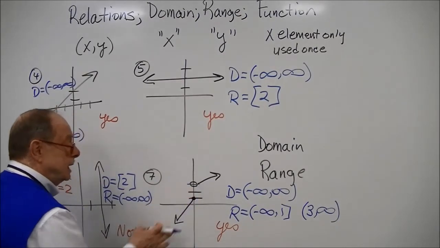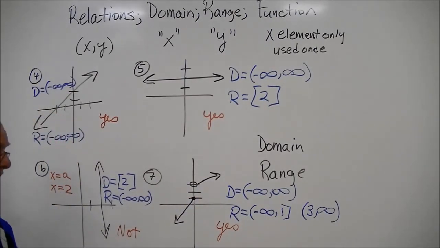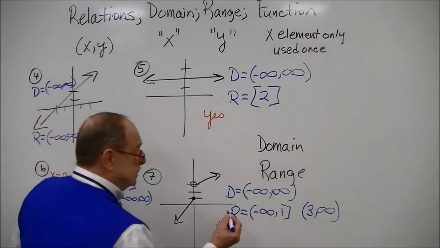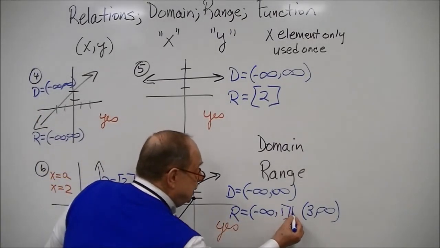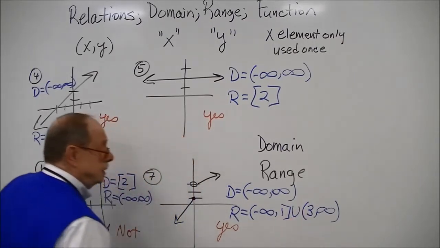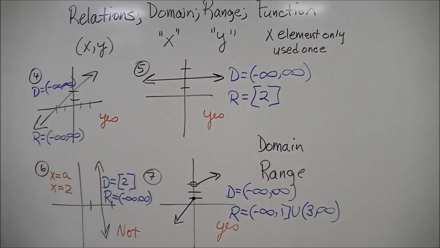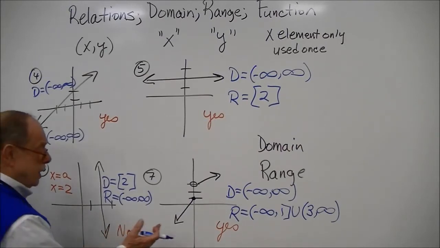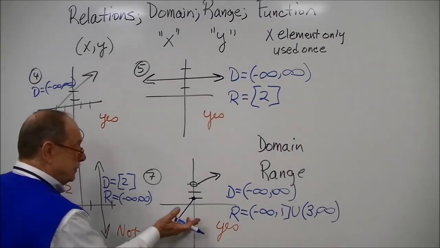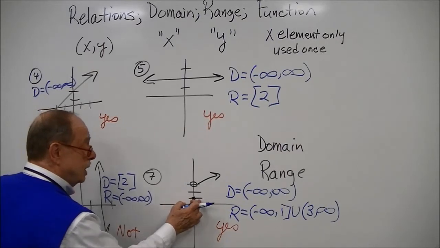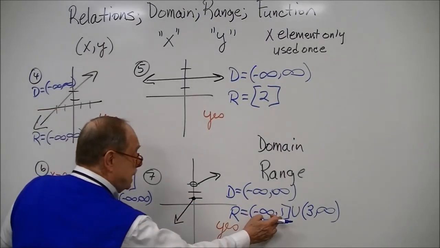Now, how do we link those? And again, depending where you are, but I believe you've had this symbol. You put the union symbol between the two. So for range, it's coming from negative infinity up to a positive 1 that's included in the set.